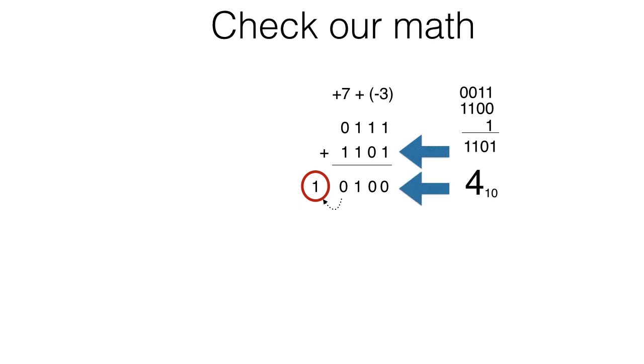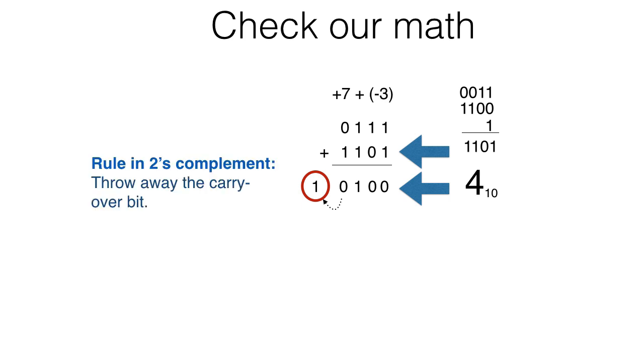So therefore, when I look at this, what do I get? 4. My math is correct. We just solved the problem. We now have a representation for negative numbers, and we do it through a two's complement system. All right? Spend some time.